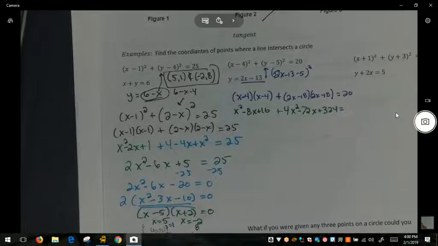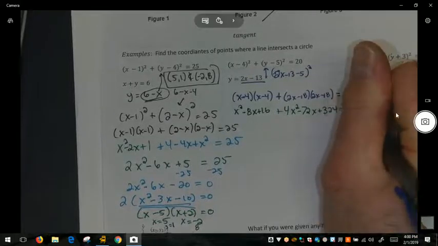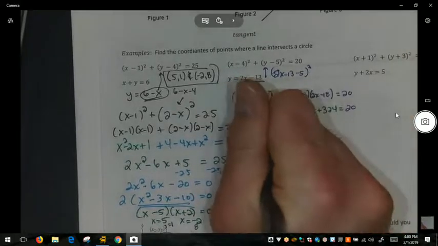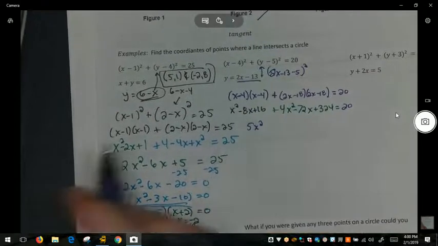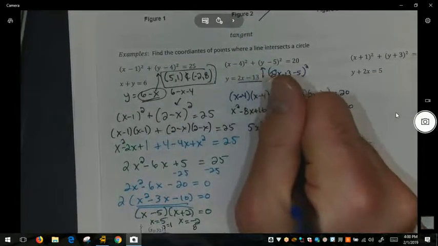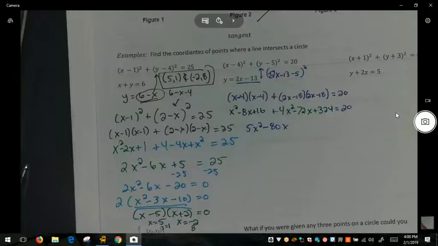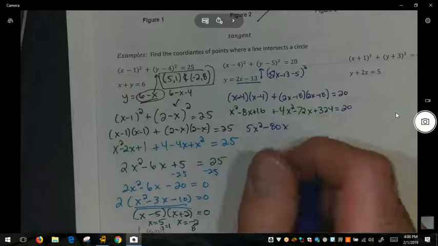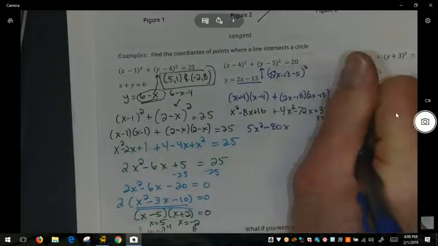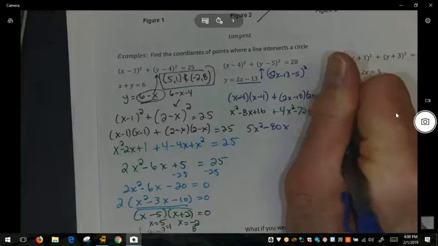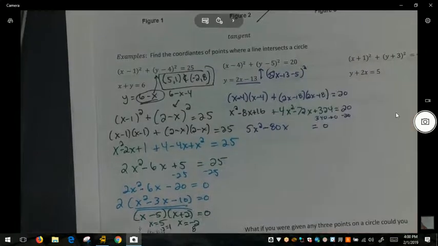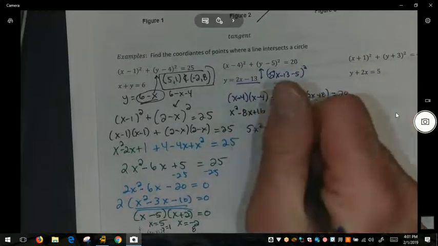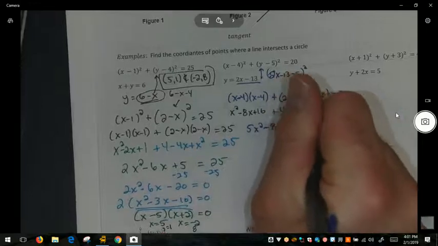And that equals 20. When I combine like terms, I have 5x squared minus 80x. 16 plus 324 is 340, but I'm going to subtract 20 from both sides to get it equal to 0. 340 minus 20 is 320.